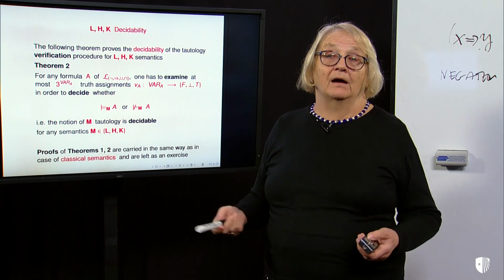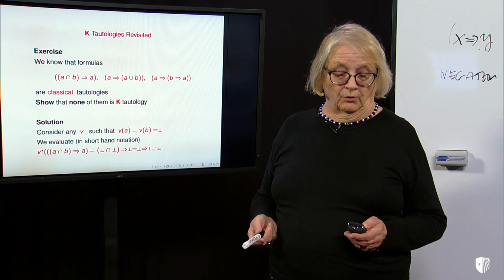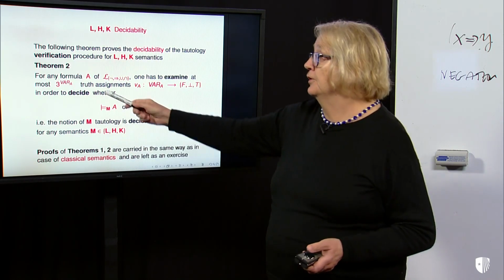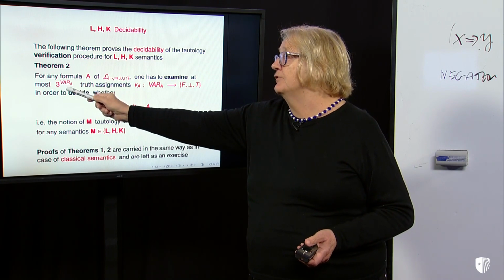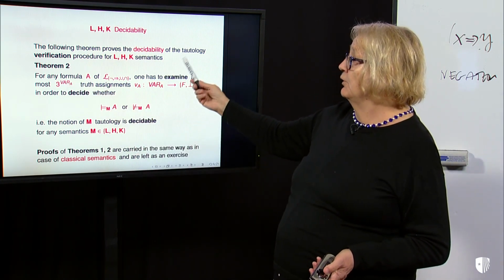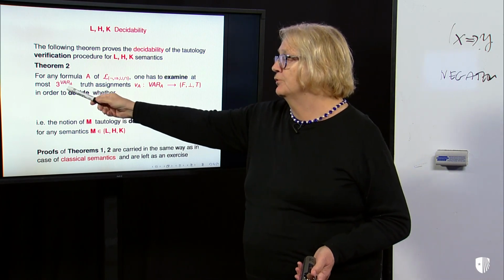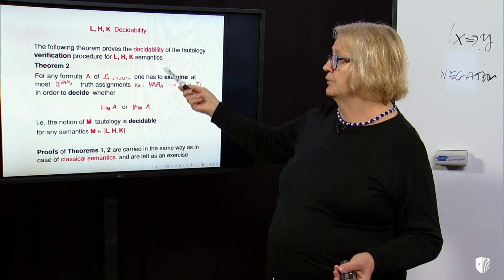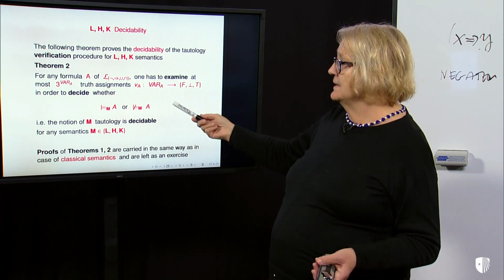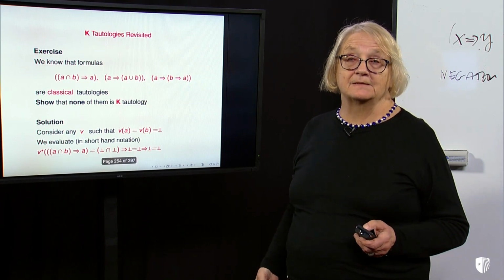So you have again decidability for all of them, because now you have three logical values. So you have variables in formula A, and for any formula, for all those semantics, you have to examine 3 to the power of the number of variables of possible truth assignments. So it's decidable. So it's very nice.